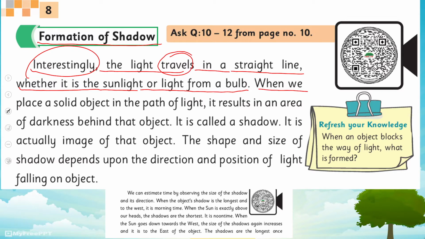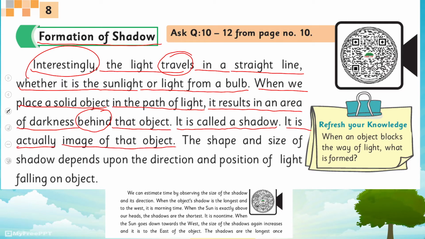When we place a solid object in the path of light, it results in an area of darkness behind that object. It is called a shadow. It is actually image of that object. The shape and size of shadow depends upon the direction and position of light falling on object.